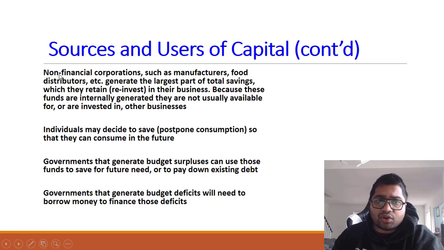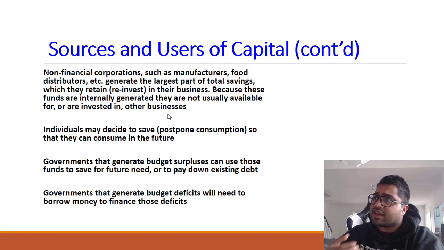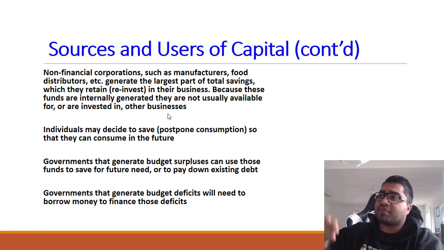Non-financial corporations such as manufacturers and food distributors generate the largest part of total savings, which they retain in their business or reinvest. Because these funds are internally generated, they are not usually available or invested in other businesses. So businesses also generate some savings, but most of the time they reinvest their savings into their business to grow.